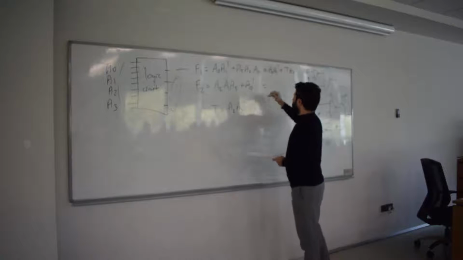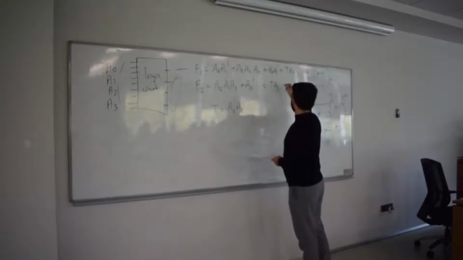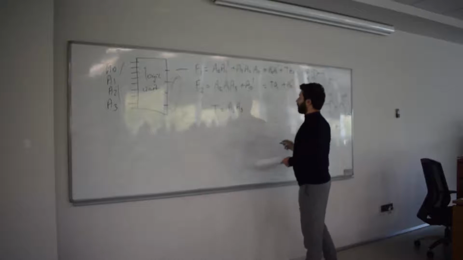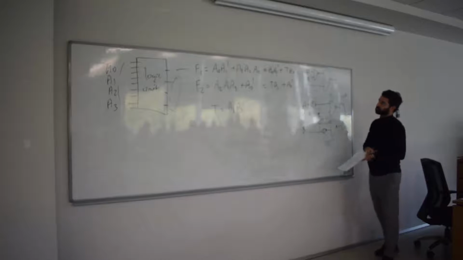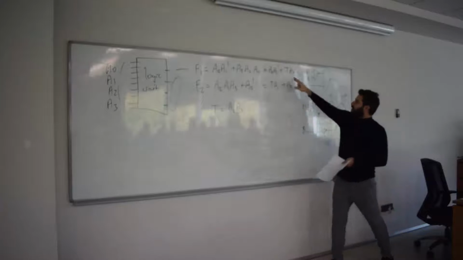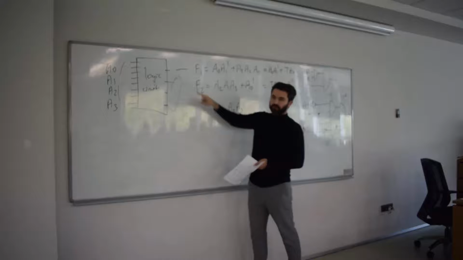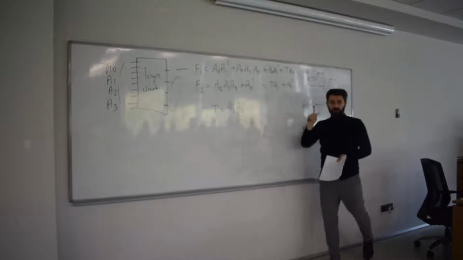How about this one? This is T A1, plus A0 prime. So you see you got these common terms shared by two outputs, and you implement that T only once.